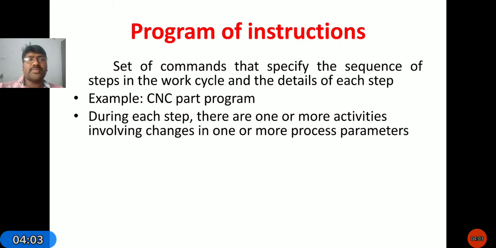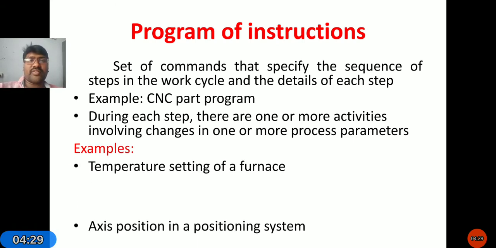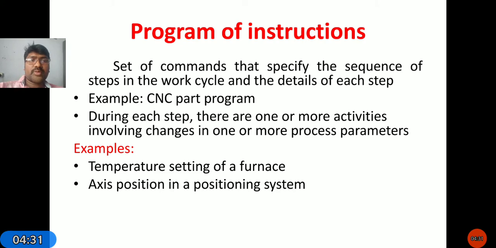During each step there are one or more activities involving changes in one or more process parameters, for example feed rate, depth, cutting tool, and facing. Facing, drilling, turning, and taper turning can all be done easily with a sequence of steps using the program of instructions. Other examples include temperature setting of a furnace, axis position in a positioning system, and motor on or off. All these examples we can do with the help of the program of instructions.